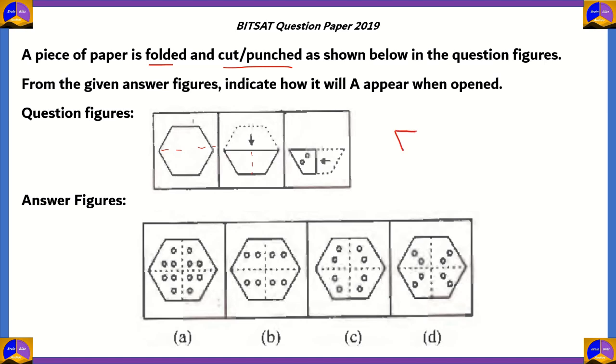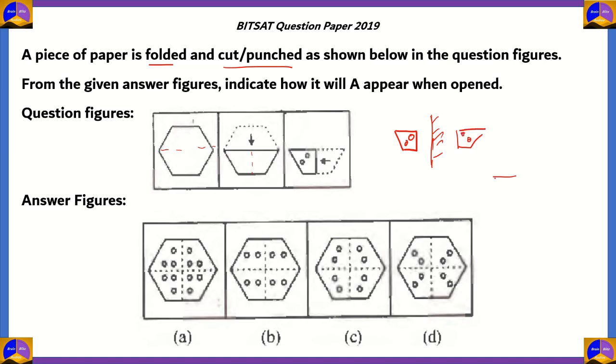So if you have this as the starting point, and you want to find out how the question figure will appear, then what you need to do is first find the mirror image of the particular section in the last figure. So the mirror image will be something like this.